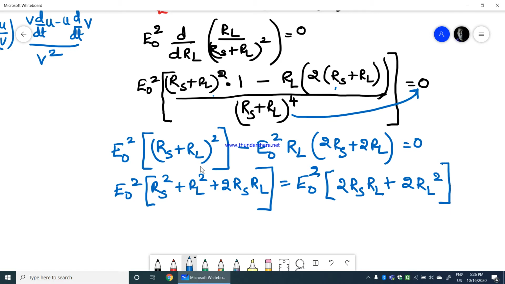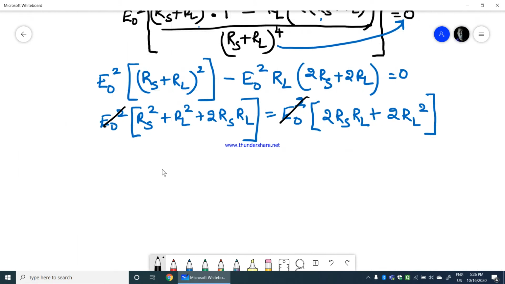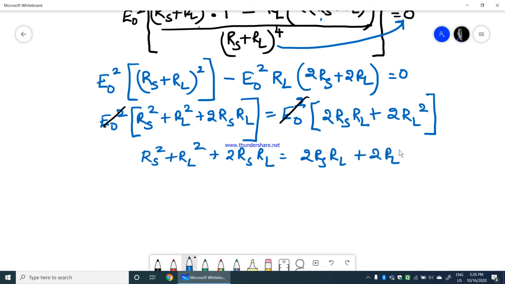Okay, so this is what you get. Now again here E naught square gets cancelled. So the next step we get is RS square plus RL square plus 2 times RS RL equals 2 times RS RL plus 2 times RL square.